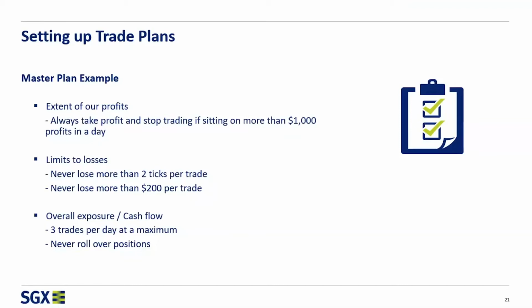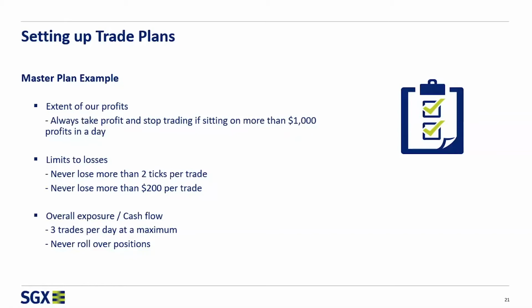And maybe you can tell yourself that you are always going to take profit if you are making more than $1,000 on a trade at any one point in time. Something like that. Okay. So limits to losses is not only by the monetary value, let's say $200 for every trade, but you can say that I will not lose more than maybe 2 ticks for every trade.